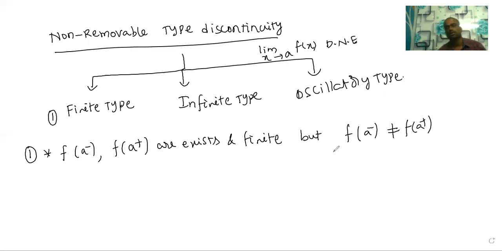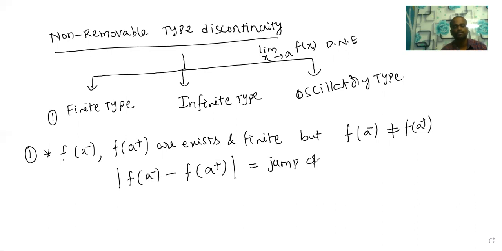Okay. So what is the reason why in this case, finite type, limit of the function doesn't exist? Because left hand limit is not equal to right hand limit. But in this case, the positive difference between left hand limit and right hand limit is the jump of discontinuity.